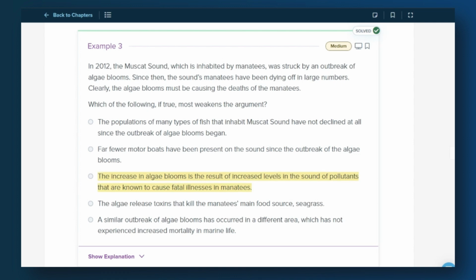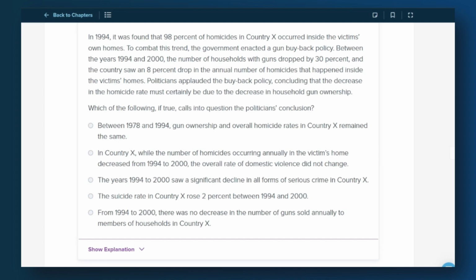Let's look at one more problem. In 1994, it was found that 98% of homicides in Country X occurred inside the victims' own homes. To combat this trend, the government enacted a gun buyback policy.